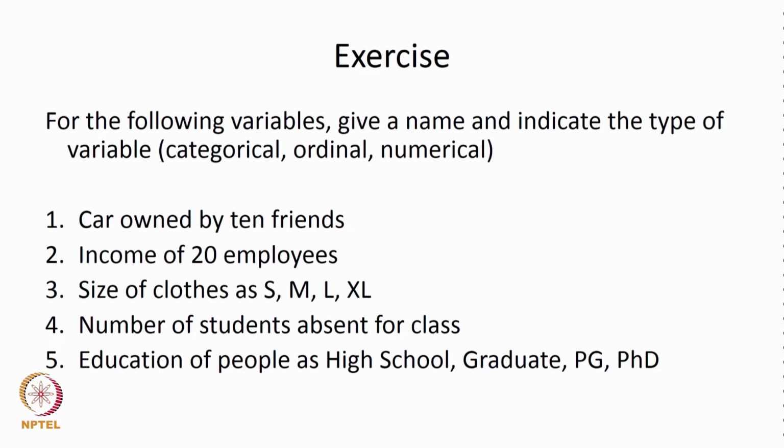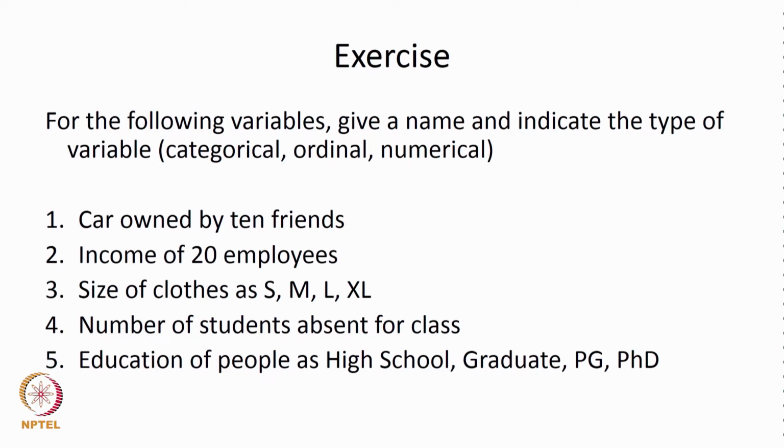So, let us do a small exercise, and let us say for the following variables give a name and indicate the type of variable, whether they are categorical, ordinal, numerical, as the case may be. So, simple examples could be cars owned by 10 people. Another example would be income of 20 employees. A third situation could be size of clothes.